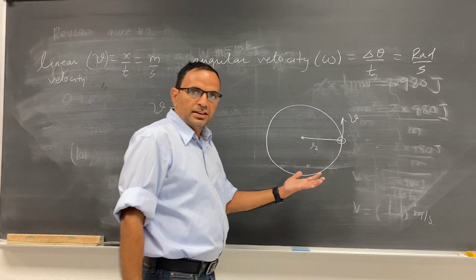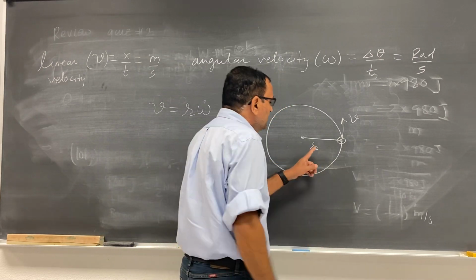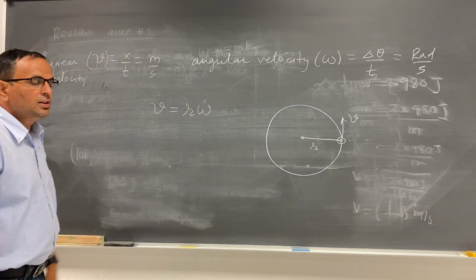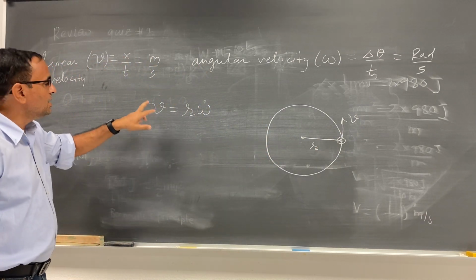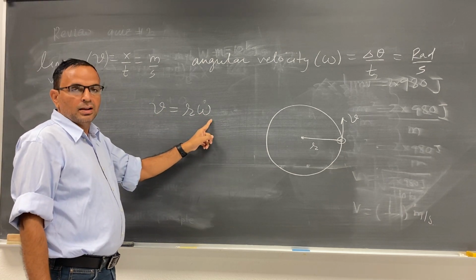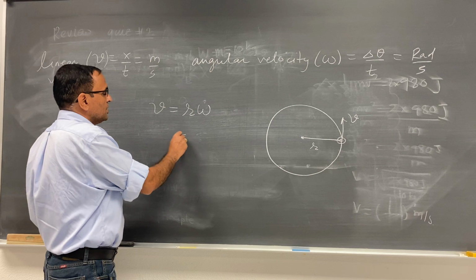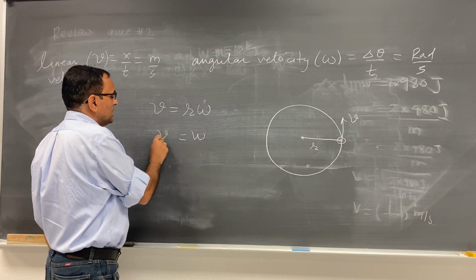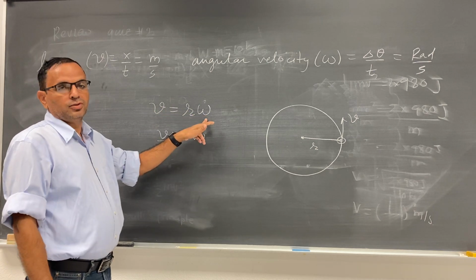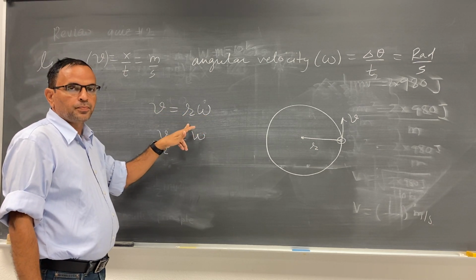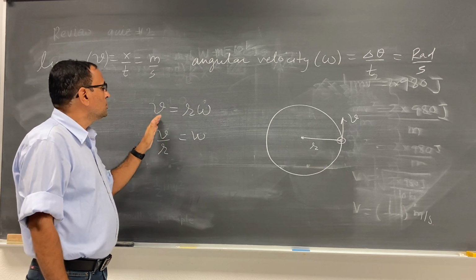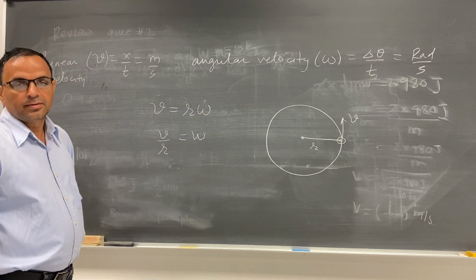If the linear velocity and radius are given, how do you calculate the angular velocity? Use this relationship: omega equals v divided by r. Or if omega and r are given, you can calculate the linear velocity also.